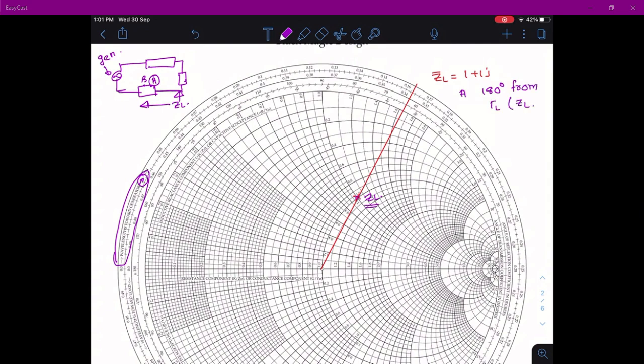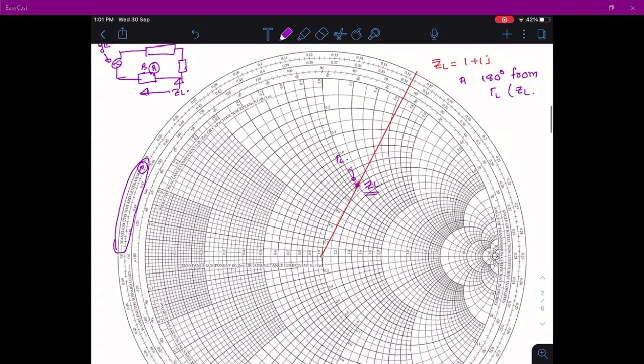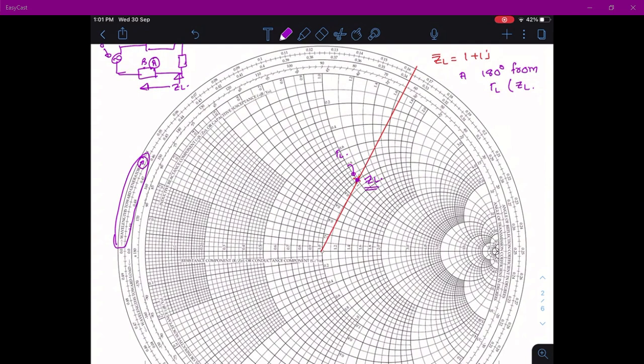So this is actually the tau L, because you are plotting in reflection coefficient, and you want to move 180 degree. Now how will you find out which is the 180 degree? Either you can see the angle of the reflection coefficient here, which is around 65 degree.